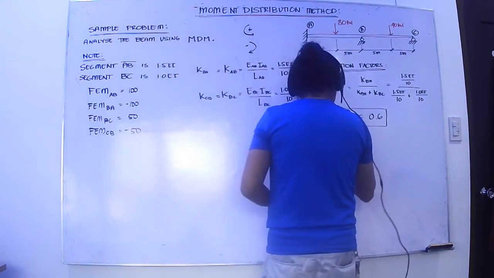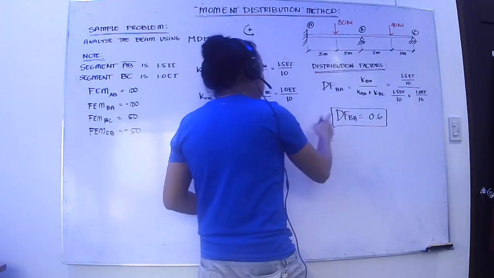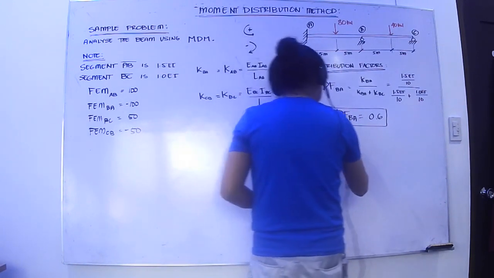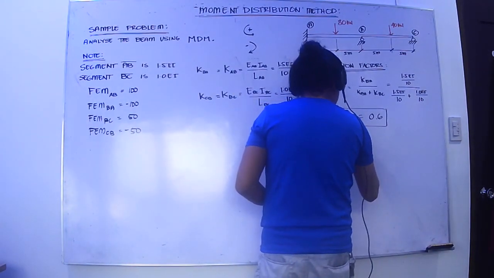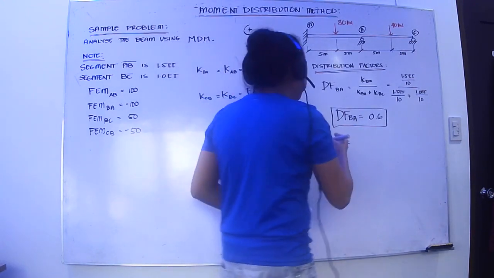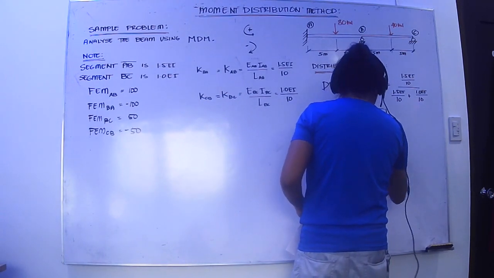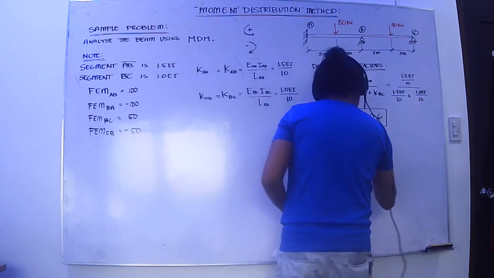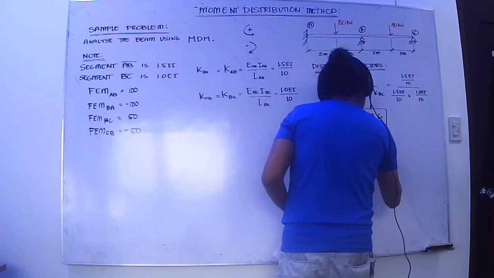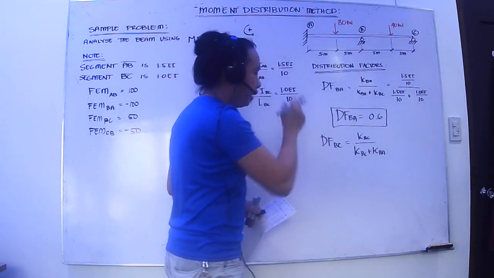Now, the same story goes here for DFBC. DFBC is KBC over KBC plus KBA.